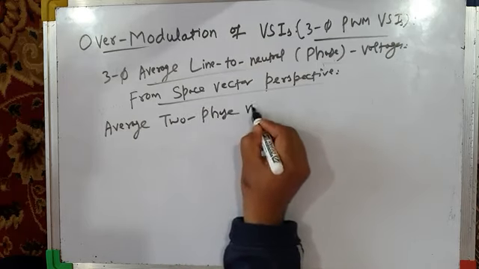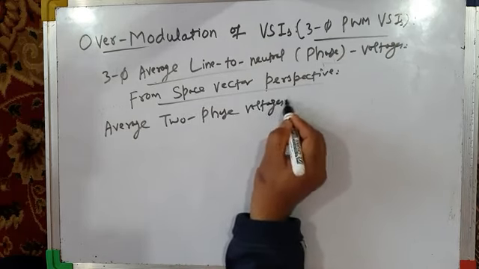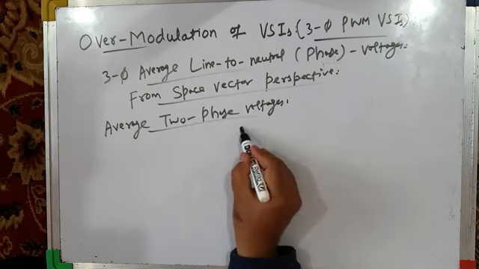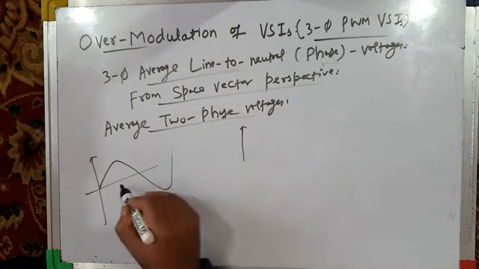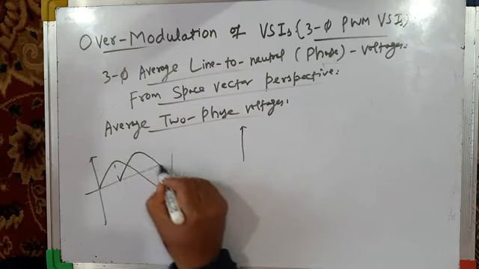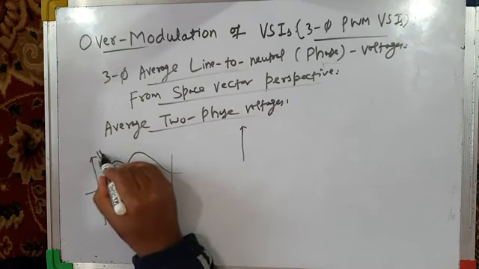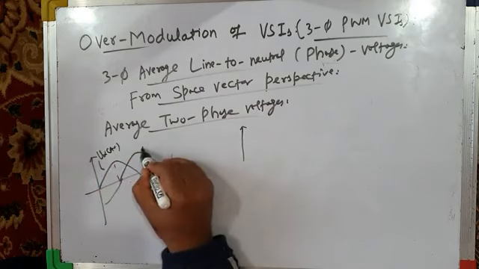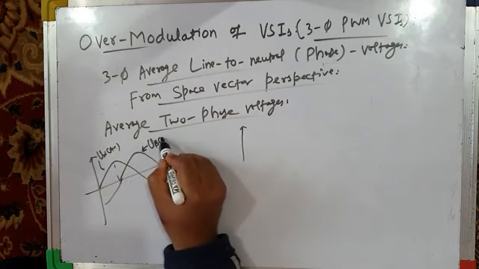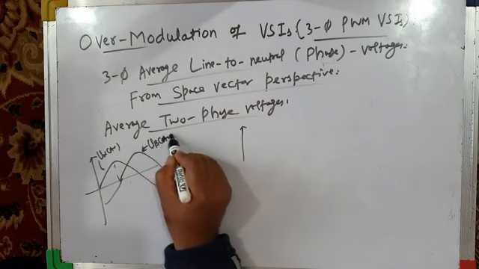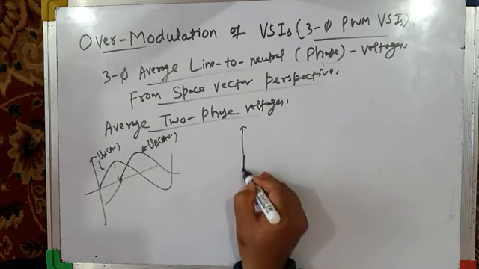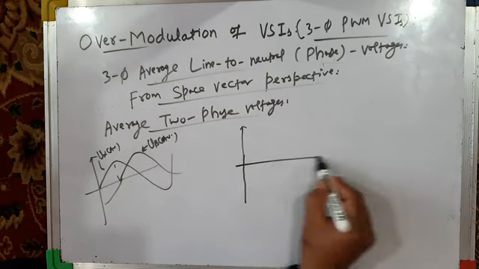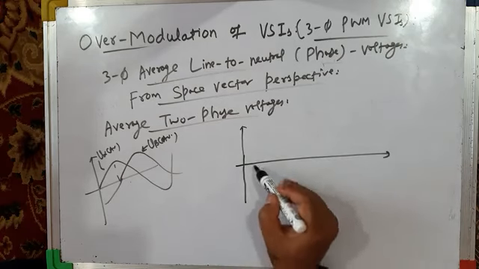For under modulation, the average two phase voltages are like this. For example, this is V alpha average and this is V beta average in the space vector plane. Okay, they are both sinusoidal, but for over modulation, say with m equal to 1.5, they will get slightly distorted.